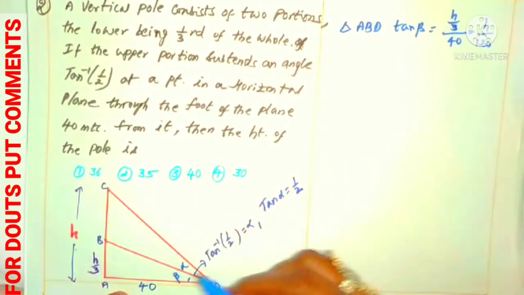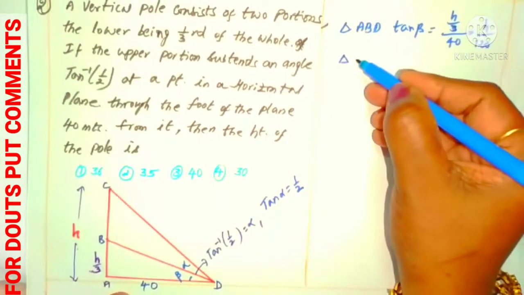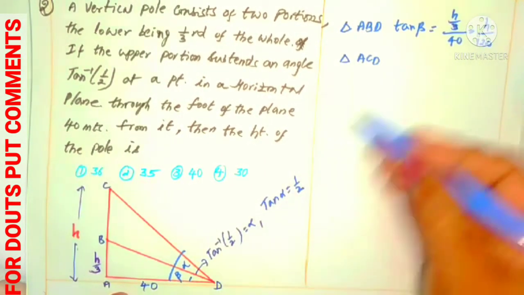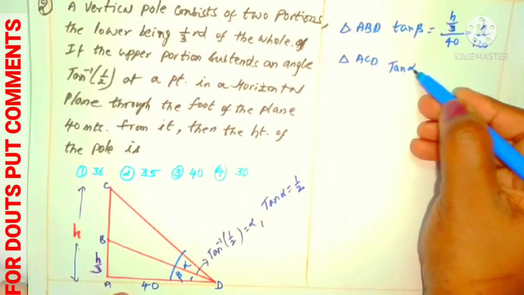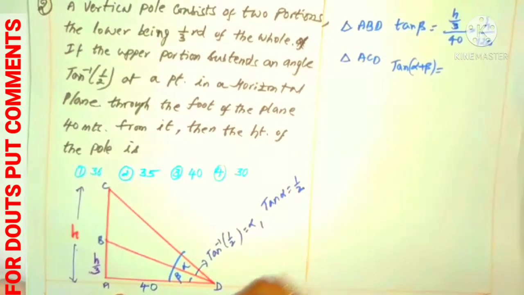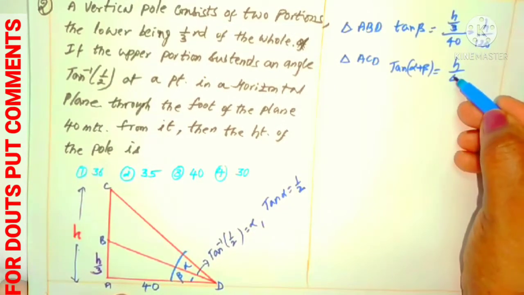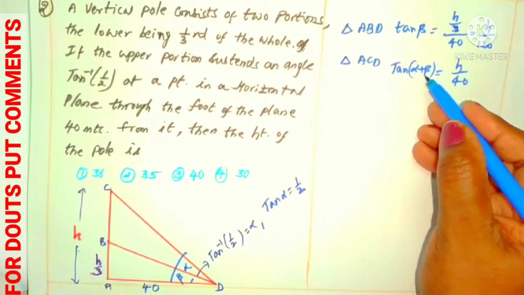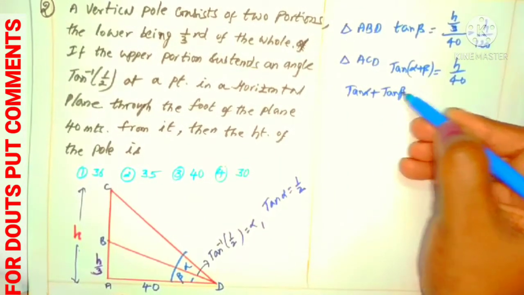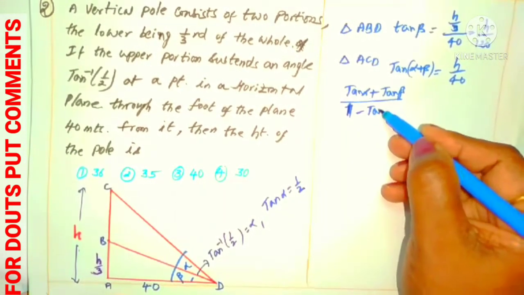And what is the other right angle triangle? Triangle ACD. From triangle ACD, you know the total angle is alpha plus beta. That is, tan of alpha plus beta is equal to opposite h by adjacent side 40. You know the tan alpha plus beta formula: tan alpha plus tan beta by 1 minus tan alpha tan beta.